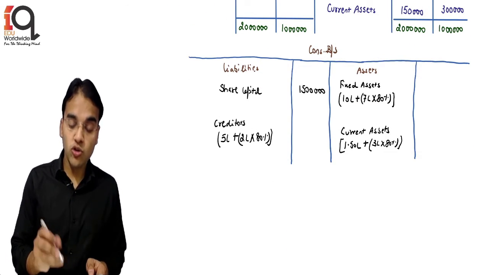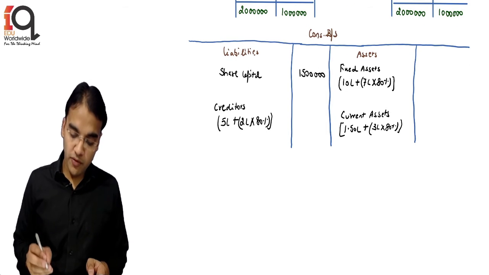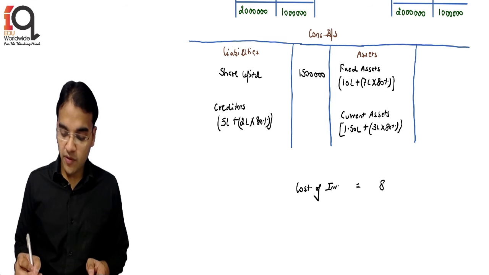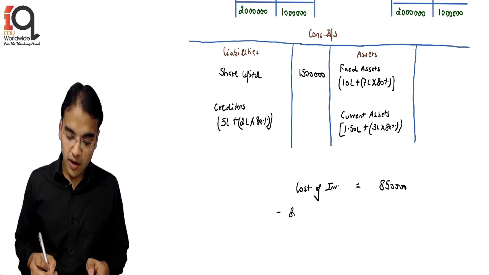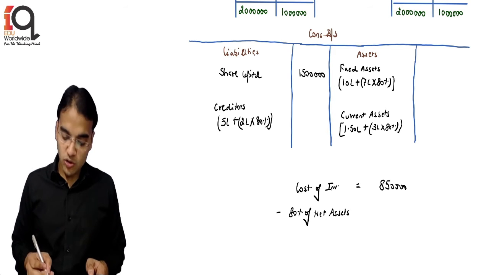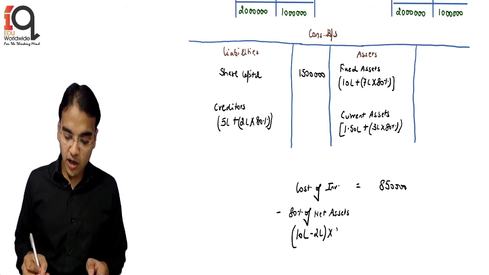The word was cost of control, either goodwill or capital reserve. So if I find out the cost of investments, it was 8,50,000 minus 80% of the net assets, because in this case by paying 8,50,000 we have acquired 80% of the net assets. That actually means the total assets were 10 lakh minus 2 lakh liabilities, creditors, into 80%.